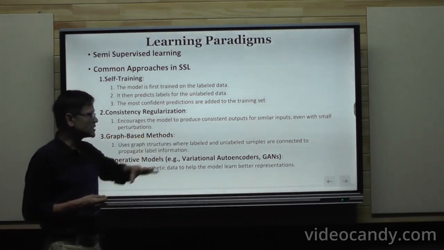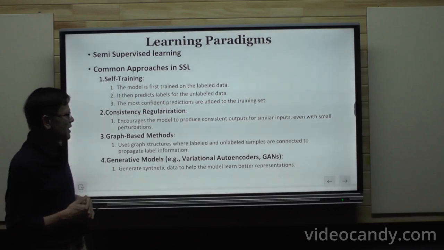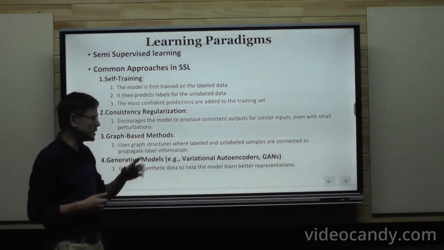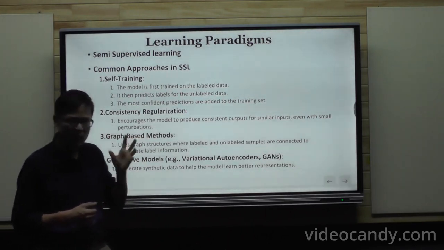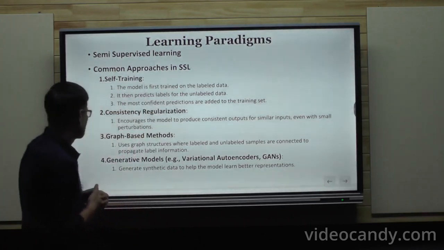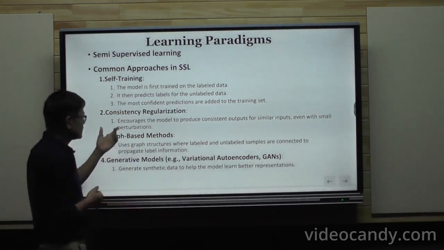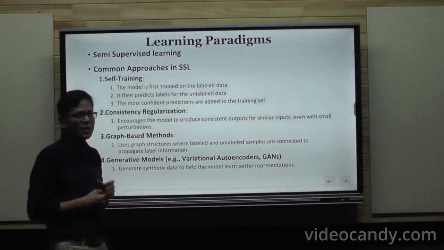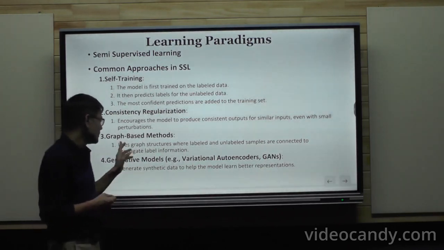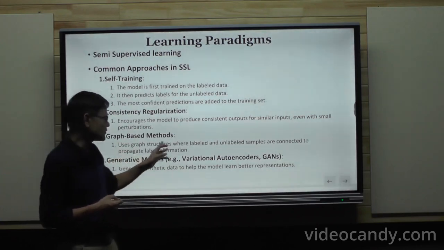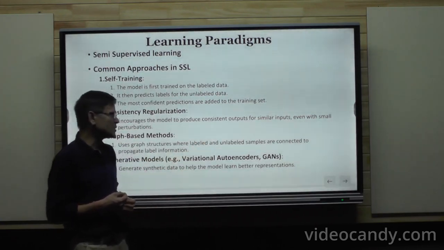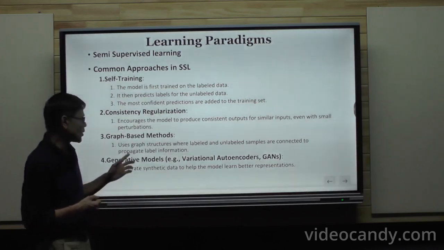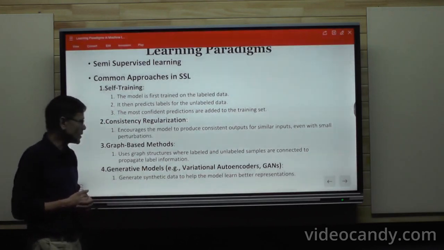Consistency regularization encourages the model to produce consistent outputs for similar inputs, even with small perturbations in the distribution. So that means we maintain the consistency of the outputs. The graph-based method uses graph structures where the labeled and unlabeled samples are connected to propagate the label information.